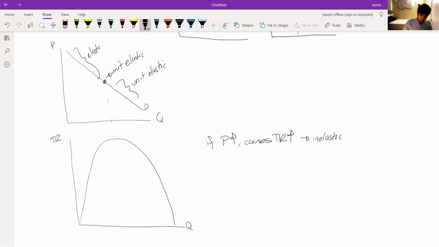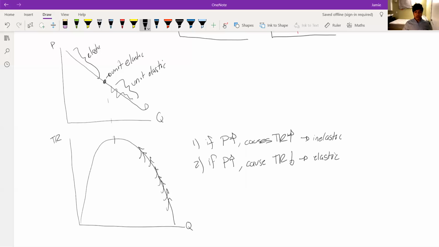So you can think of it as being on this portion of the curve, or you could be going up on a total revenue curve. If price increases and it causes total revenue to decrease, then it's elastic.